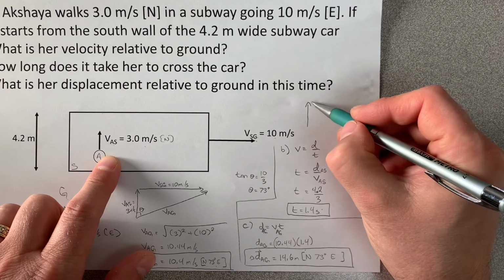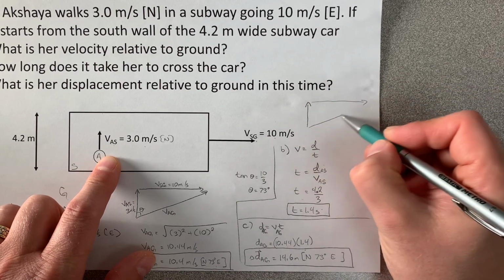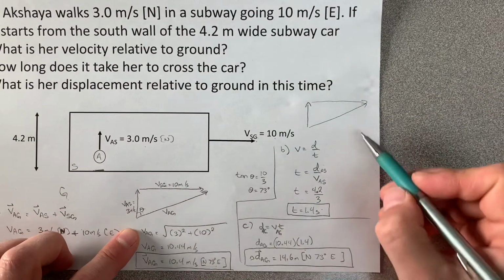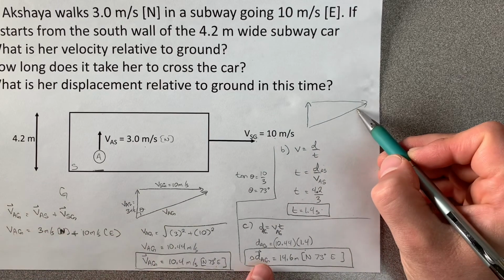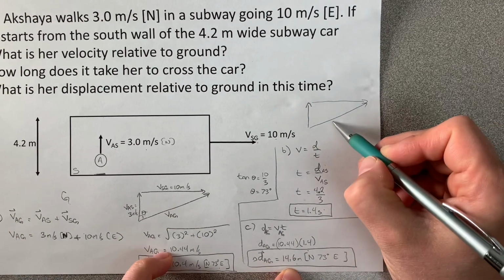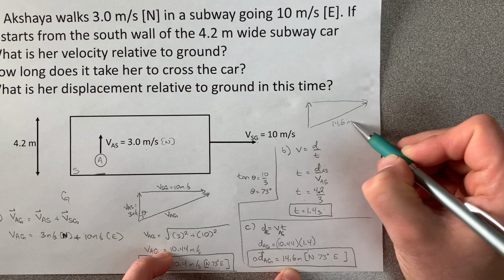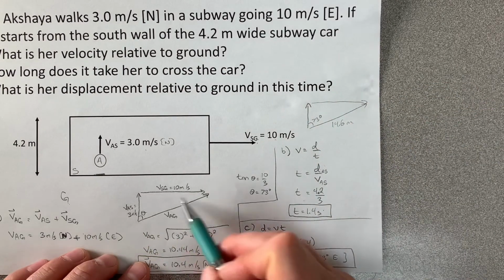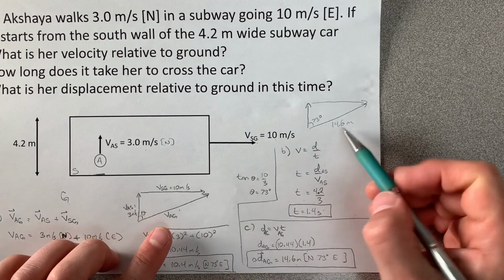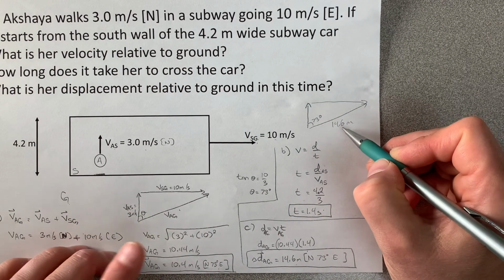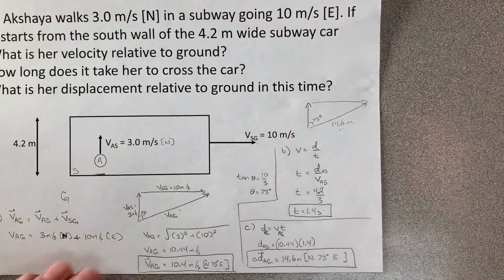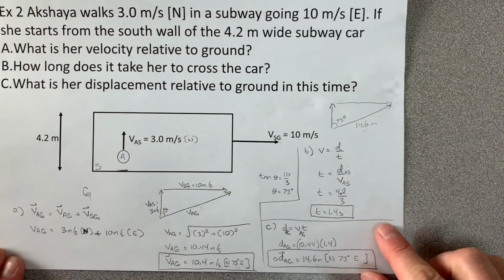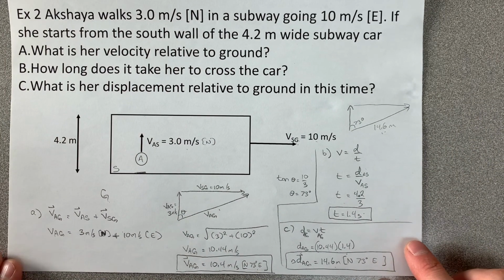The subway car, though, kind of pushes her this way. The result is she ends up going this way. It's the same triangle. Her displacement is 14.6 meters at an angle of north 73 degrees east. So you can imagine the same triangle, they're similar triangles, just using distance or displacement measurements over here. And hopefully you can see that whole thing.